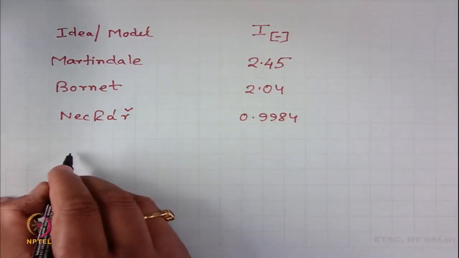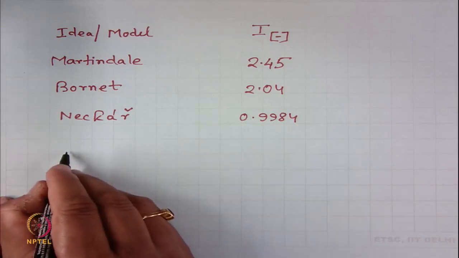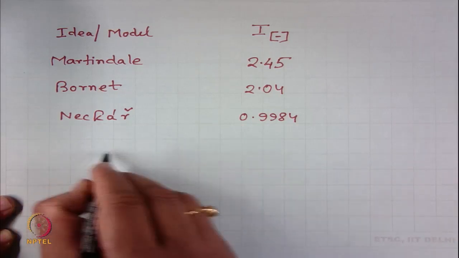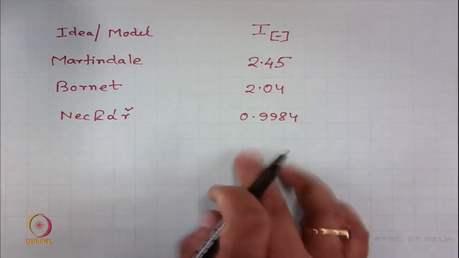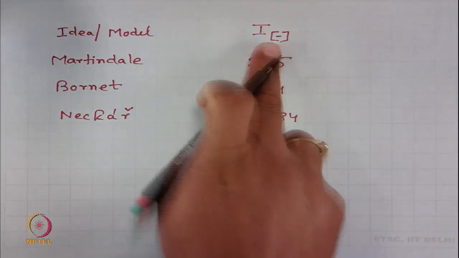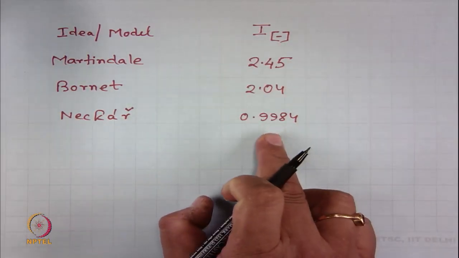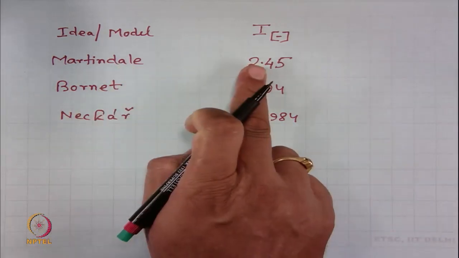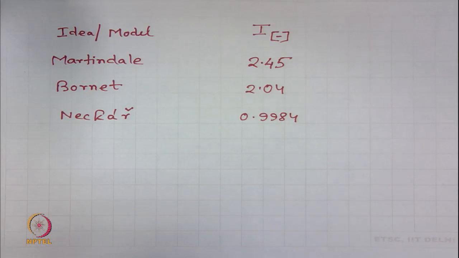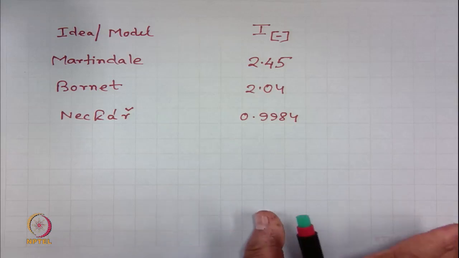So, what we see is that this index of irregularity is least in case of Nesker's bundle theory and highest in case of Martindale's theory. So, probably this Nesker's theory is quite well. So, problem number 9 is over.